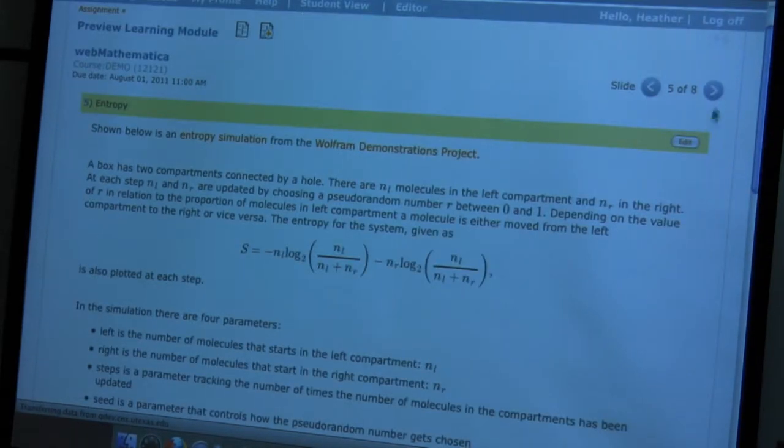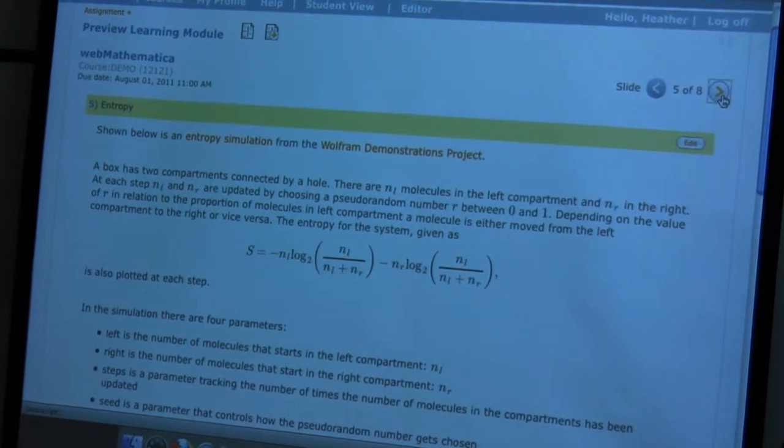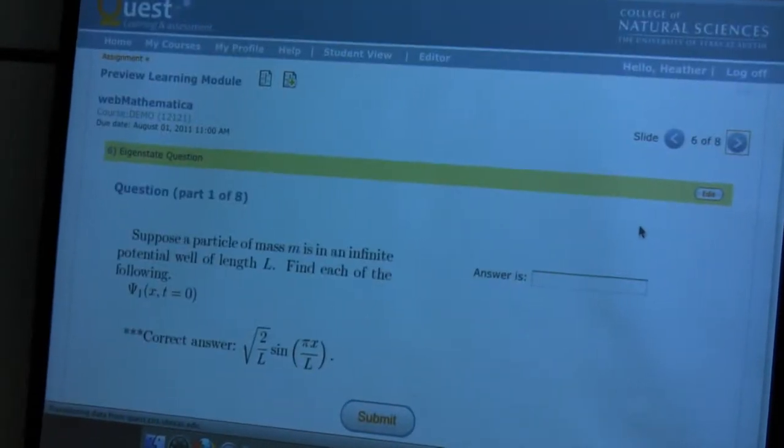I can start with a certain number of particles in the left-hand box, a certain number of particles in the right-hand box, and I can step through updating these and see how my states change over time. Also, I'm plotting at the same time an entropy curve that tells me how disorganized my states are. So there are lots of good ideas about things that we can implement on this platform.